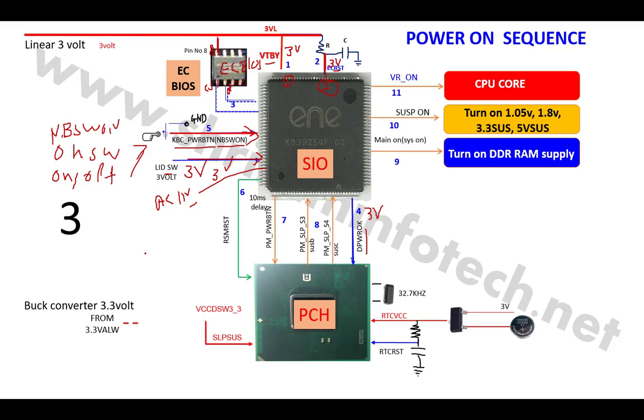Like in the previous video we saw how the 3 volt and 5 volt section works. In the 3 volt and 5 volt section there are two linear supplies, VREG3 and VREG5, and this supply is known as the linear voltage, and there is a buck converter also for 3 volt and 5 volt.